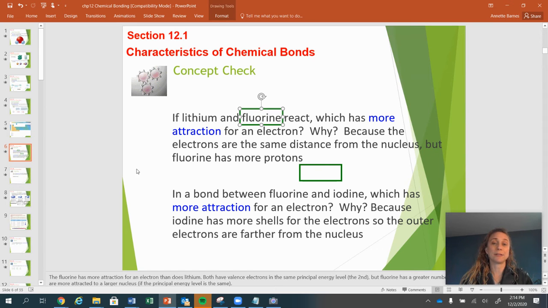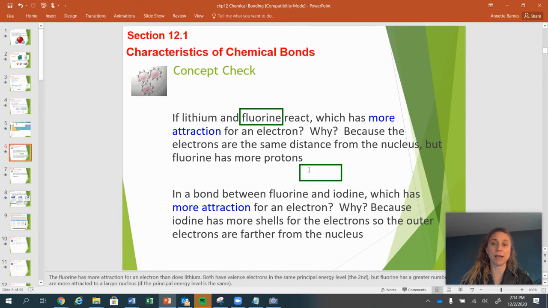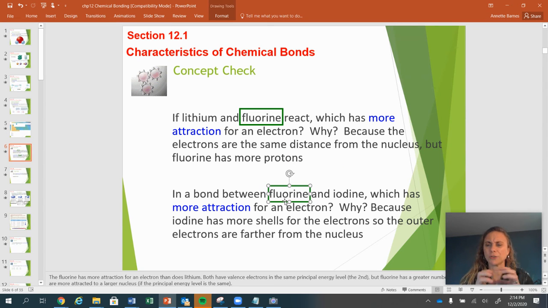Okay. And if you took fluorine and iodine, remember iodine was the one that was below, so it has a few levels more for the electrons to occupy. Yeah, fluorine is a higher number. It's going to attract the electrons more. It's going to hang on to its electrons more than iodine. And iodine, of course, has a large electron cloud.